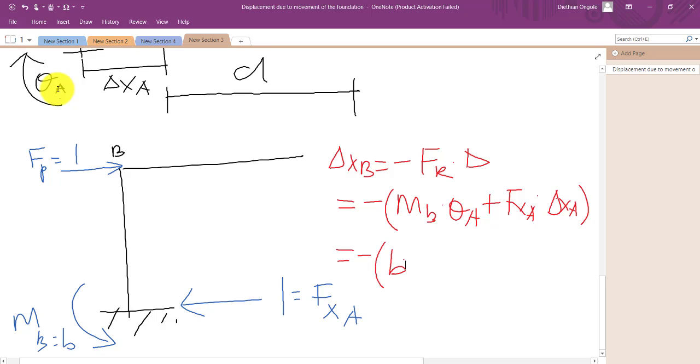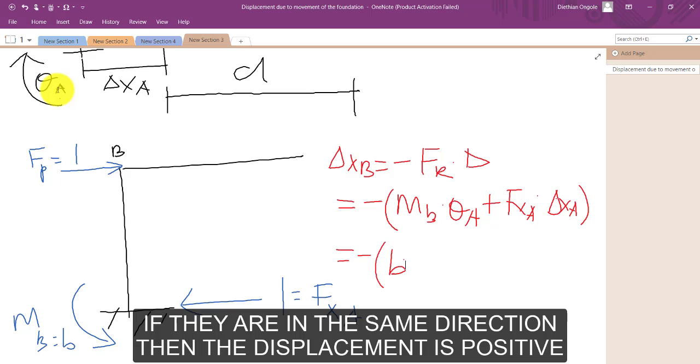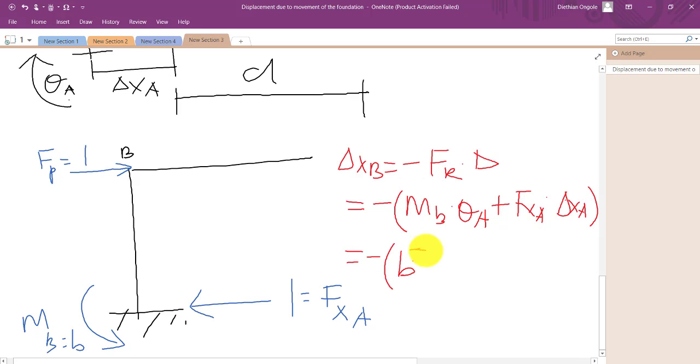So whenever the resultant force and the initial displacement are in opposite directions, the displacement is given a negative sign. And then if they are in the positive directions, they take on a positive sign. So here it will now be multiplied by a negative theta A, then plus. Now let's try to look at the force FXA and then the displacement that it caused there in the direction.